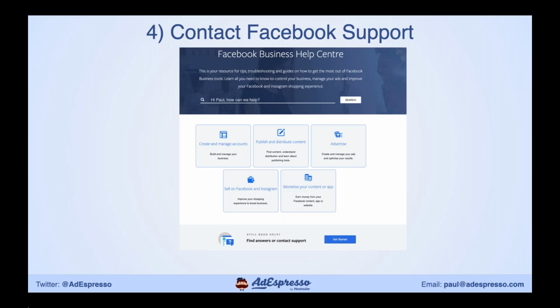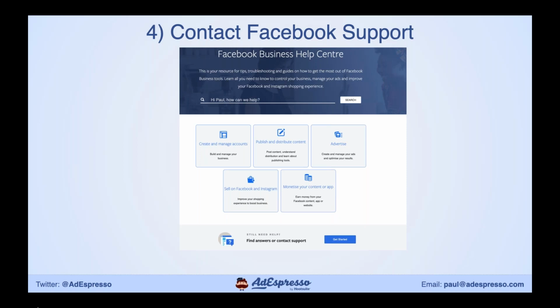Then what we need to do before we submit our appeal is we need to contact Facebook support. Now, this is hard for me to give you any advice on, simply because there's a number of different UIs for this. It can depend on country, what support options are available, also on time of day. Also, I've been logged into the same ad account in 2 separate browsers at the same time and seen 2 completely different user interfaces.